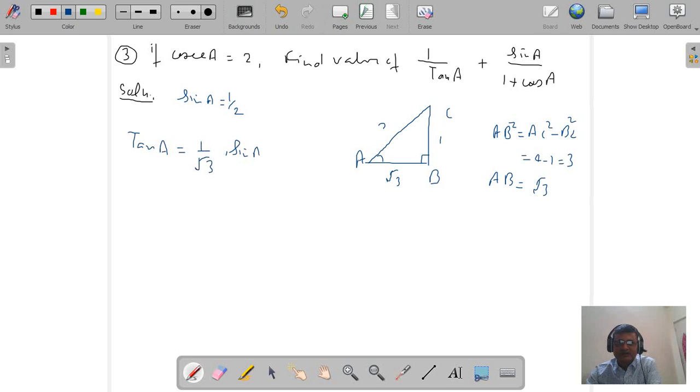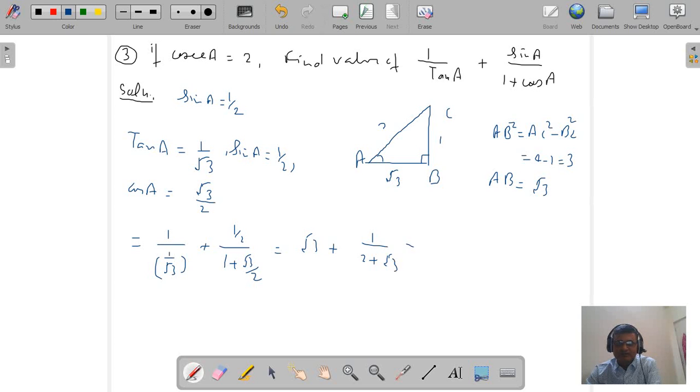Now sin A is equal to 1 by 2, and cos A is equal to base by hypotenuse. Now we are putting the value. 1 upon tan A, so 1 upon root 3, plus sin A means 1 by 2, upon 1 plus root 3 by 2. So it is root 3 plus 1 upon 2 plus root 3.